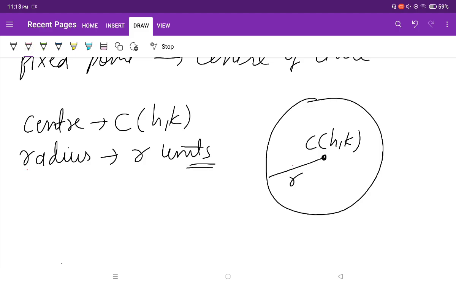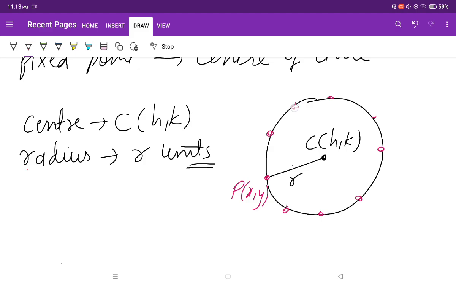Now how do we find the equation? Take a general point anywhere. Suppose I take P(x, y). Anywhere, you can take this point anywhere, right?